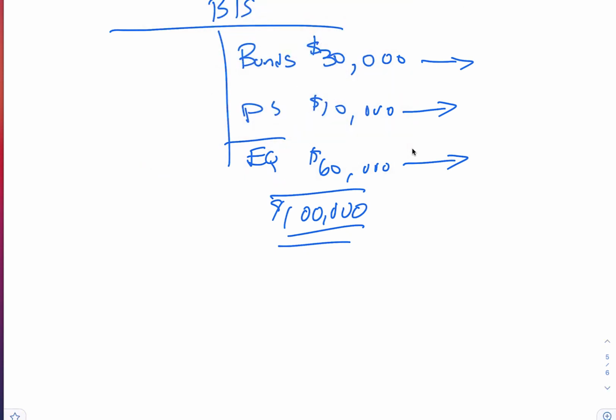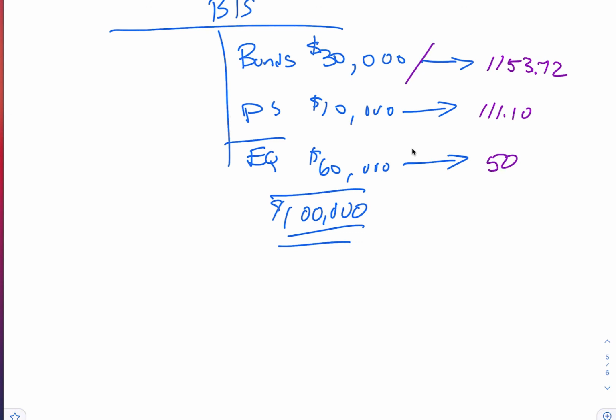And I'll do it in purple here. We know that the price of these bonds per bond is $1,153, and the price of the preferred stock is $111, and the price of common stock is $50.